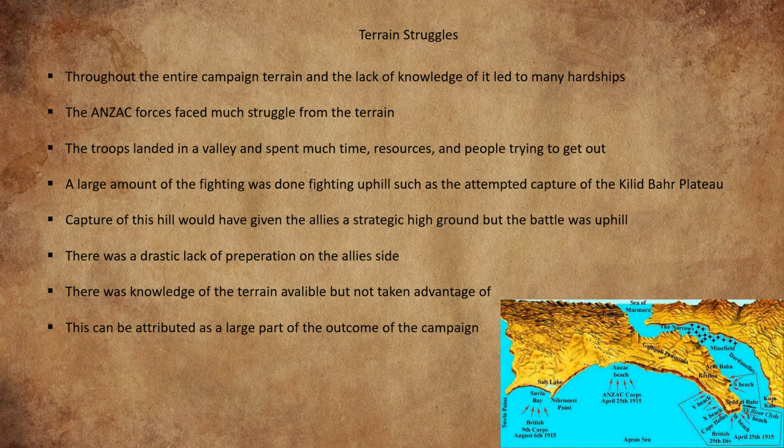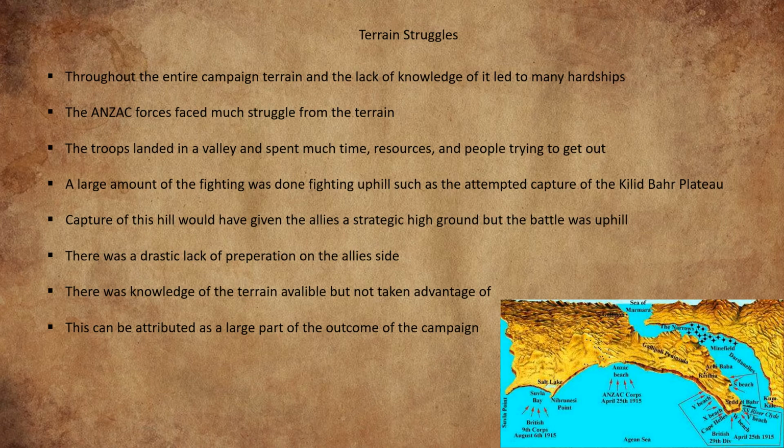Capturing this hill would have given the Allies a strategic high ground, but the battle was uphill and very challenging for the Allied forces, because when you're trying to climb uphill with a gun and shoot back at people while you're getting fired on from multiple locations, it's just not very good.